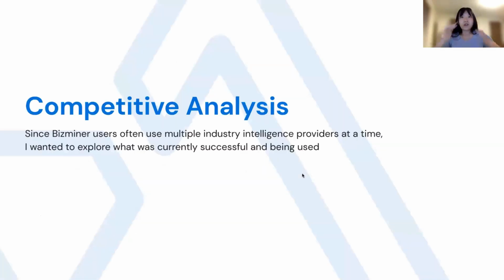So in order to learn a little bit more about the industry intelligence provider space, and also keeping in mind that BizMiner users are often using BizMiner in conjunction with other industry intelligence providers, I conducted a competitive analysis to better understand what was successful in the space thus far and what was currently being used.